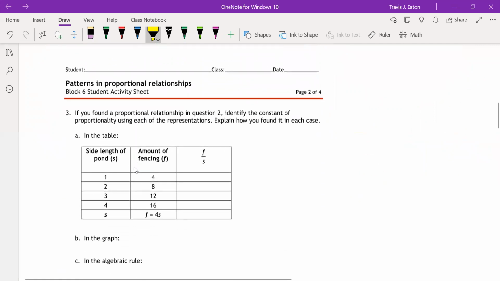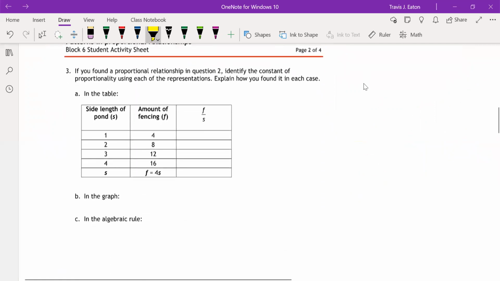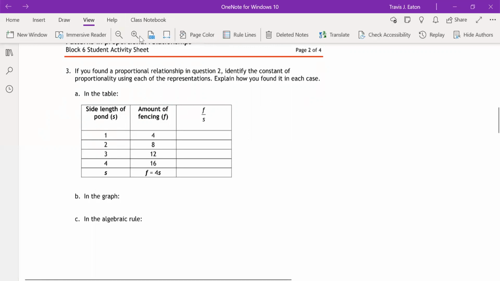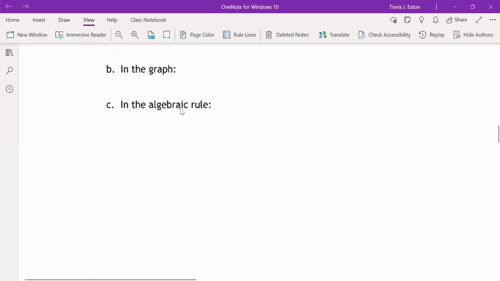All right, so now question number 3 says, if you found a proportional relationship, which we did, we are going to identify the constant of proportionality using each of the representations and explain how we found it. Okay, well, I'm going to have to zoom in again to make life easier.